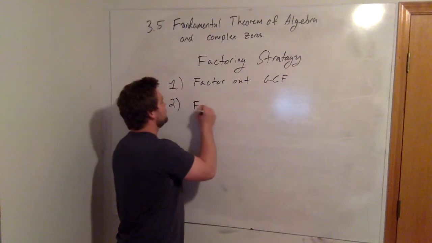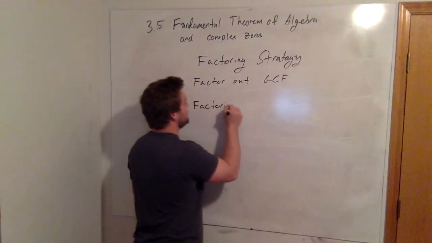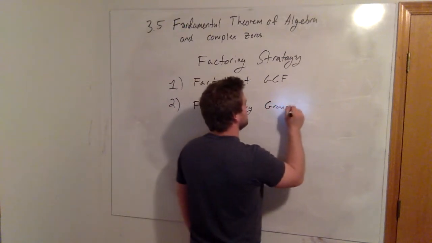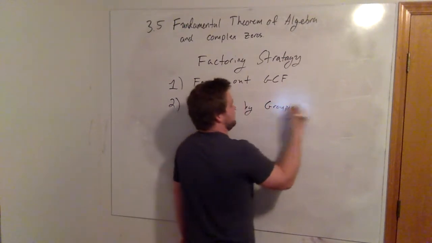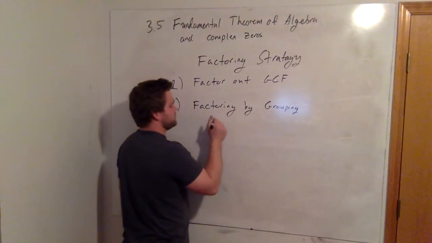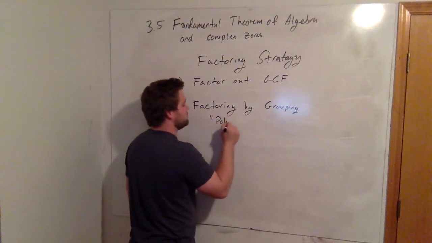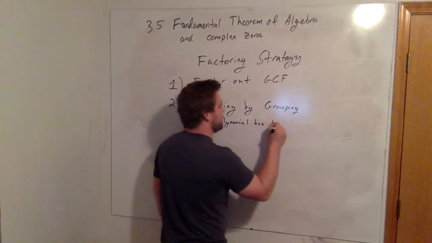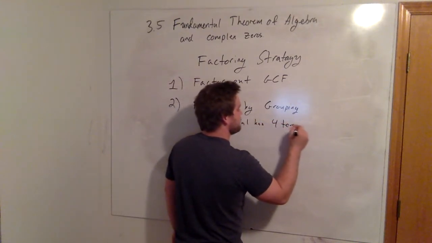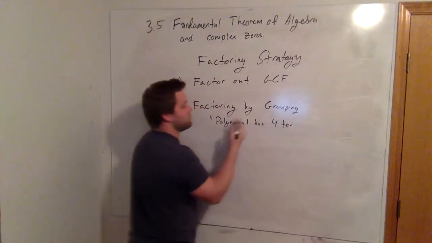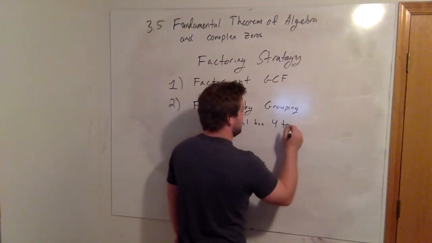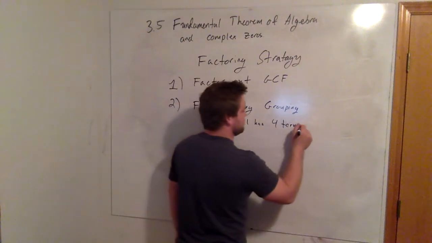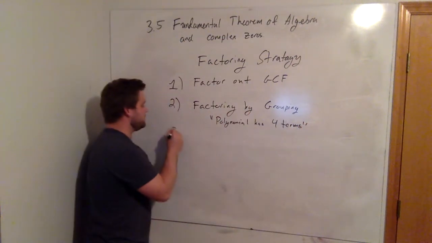So you should see if this is a situation where the polynomial has 4 terms. It's not that every 4-term polynomial you can factor by grouping. That's not the case. But I would always try grouping first.